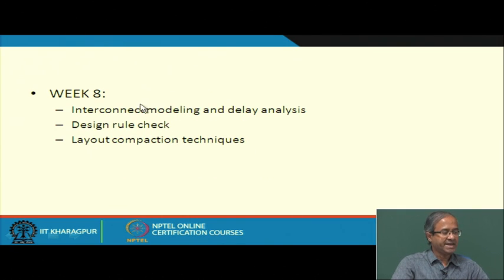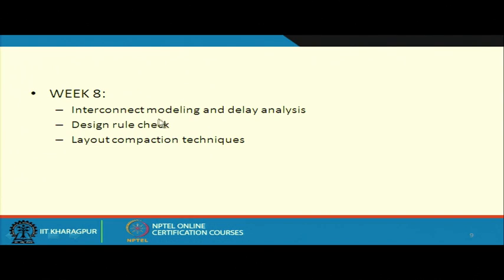In week 8 we looked at some interconnect and layout related issues, like how do we model the interconnects and how do we estimate the delays of these interconnection lines. The Elmore delay model, lumped RC models, various models we discussed there.